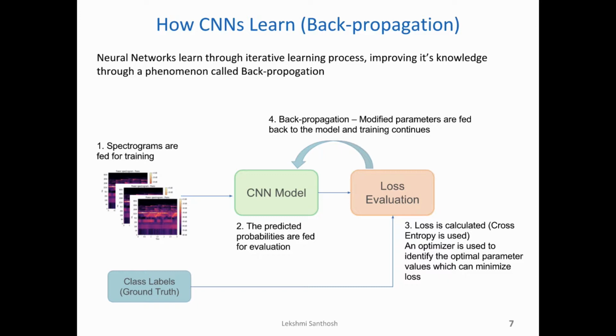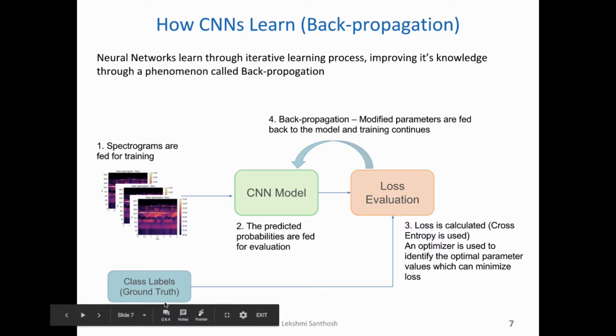So what it does is, it starts with a random guess, propagates those estimates all throughout the 4 layers, arrives at a probability prediction, and then it evaluates how well it has predicted by comparing the predictions with the truth, which is a class label here. So this is the ground truth.